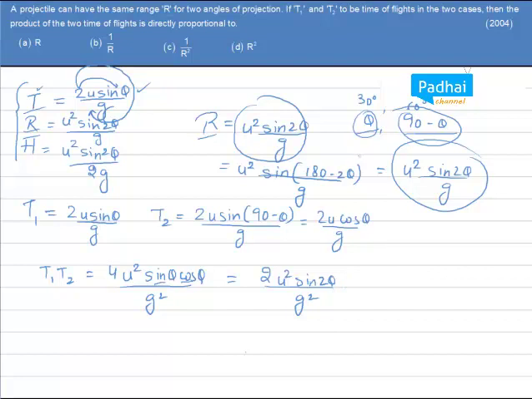Now what was the formula for the range? It was u square sine 2 theta over g. So I can write it as 2R over g, because R is u square sine 2 theta over g. So the product of the two times of flight is 2R upon g. So the product of the two times of flight is directly proportional to R. So option A is correct.